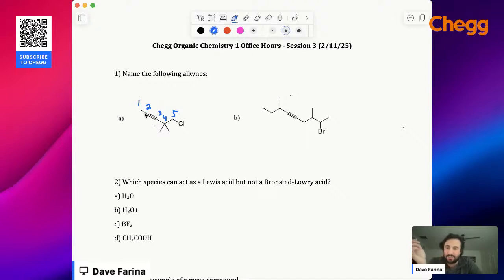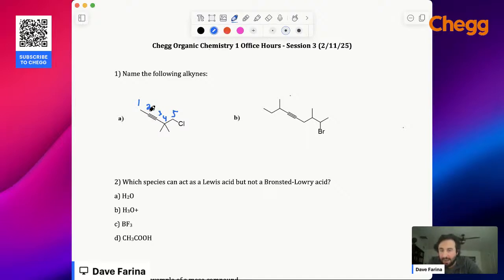The reason that it's linear like this is that sp hybridized carbons exhibit linear molecular geometry. You've got a carbon that's triply bound to another carbon and then singly bound to another carbon. So it's got sp hybridized orbitals. That makes it linear. So these are actually separate carbons. So 1, 2, 3, 4, 5, and they have to be numbered that way because we want the triple bond occurring soonest.